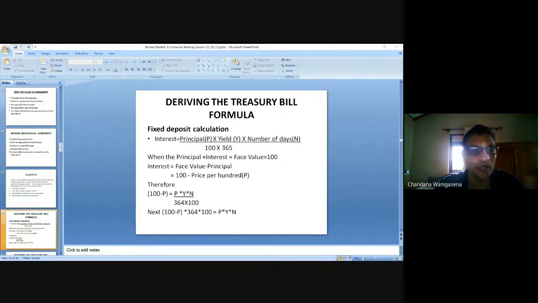So ultimately you interchange certain sections. The final equation for treasury bill calculation is P equals 100 divided by, within brackets, 1 plus, within brackets, Y into N divided by 364 into 100.